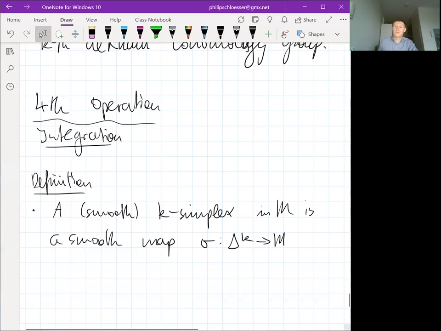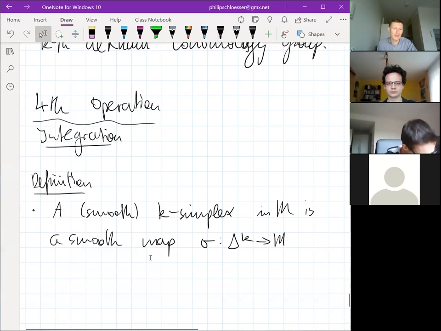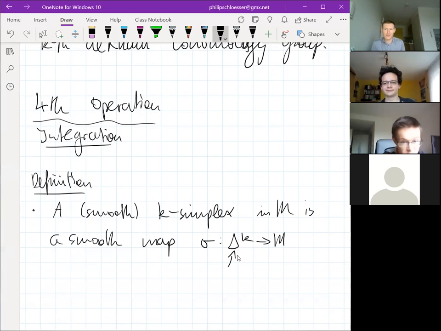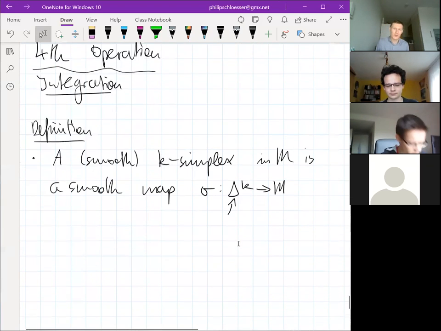Okay, what does that actually mean? I mean, this is something that has corners and boundaries and everything. So what the hell do we mean by smooth?